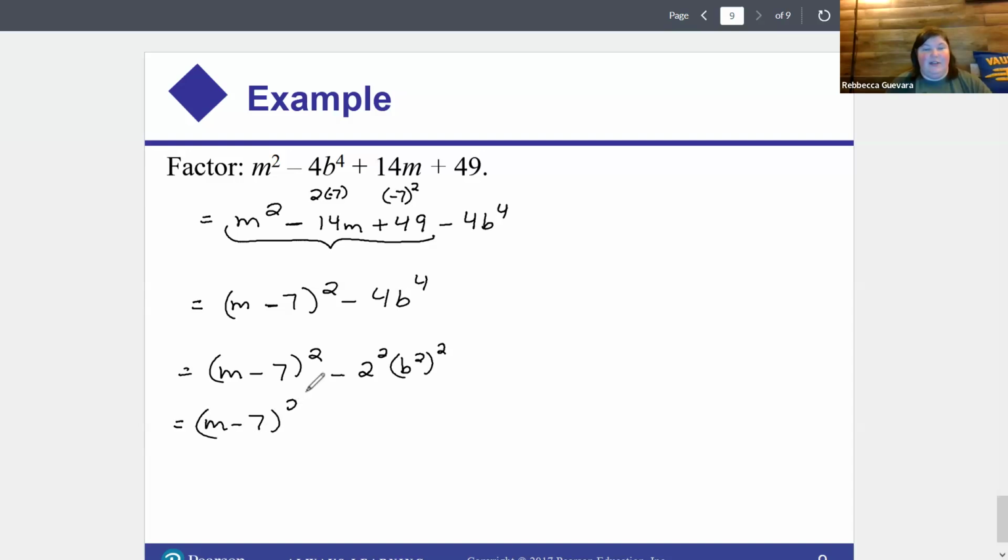One of them says that if I have two numbers multiplied together that have the same power, I can pull that power out. So 4b to the 4th I can rewrite as (2b squared) all squared. And now we have a difference of squares.